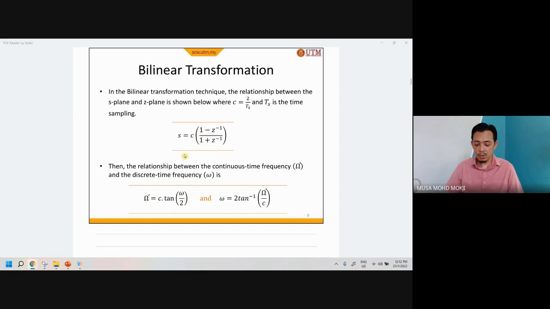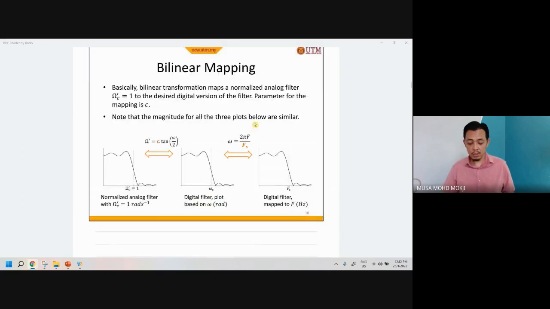So we need to manipulate this relationship so that we can take an established Butterworth filter and convert it into a digital filter. That's the way to do it, and this is what we call the mapping. This is the analog filter, a Butterworth filter, and not just any Butterworth filter.